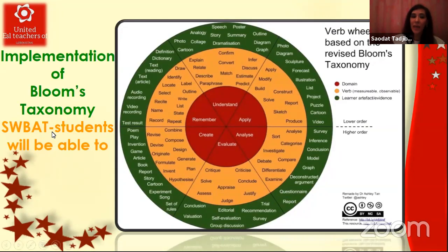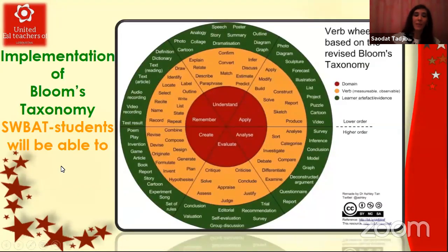So students will be able to, and then you choose one word which is given in this yellow circle to implement your objectives. In red, we can see our domains: lower order domains, remember, understand and apply, and we can see higher order domains here, right? So to implement these domains while you are designing your objectives, you should use these verbs.